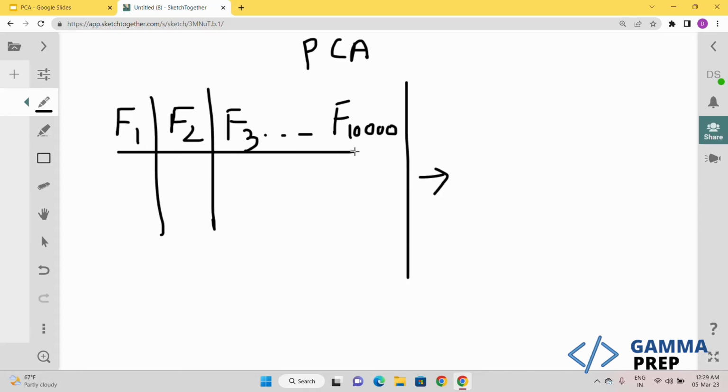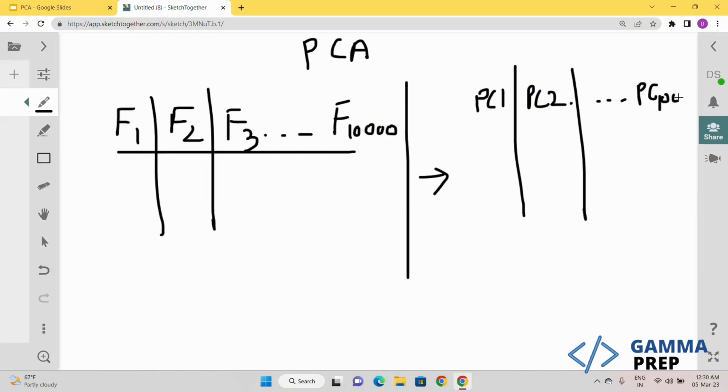These are all our independent attributes. In principal component analysis, we convert these 10,000 features into new 10,000 features, which are called PC1, PC2, and so on till PC10,000. Now, what's the advantage of having these? The first one is going to contain the maximum amount of information or variability of the data.